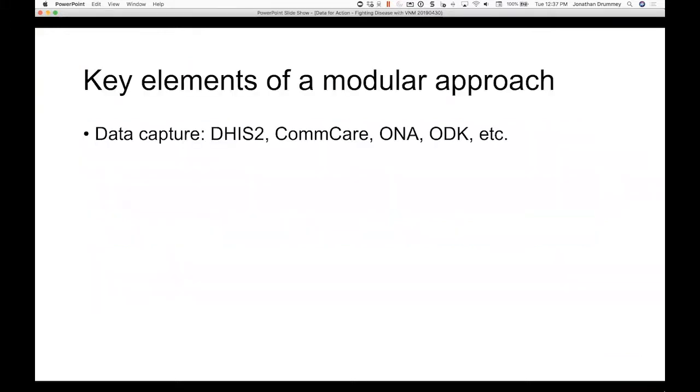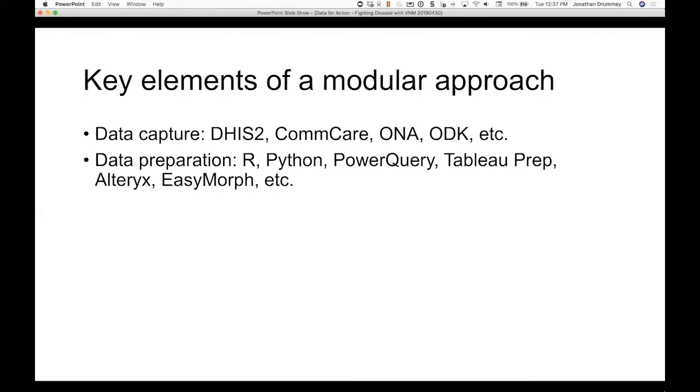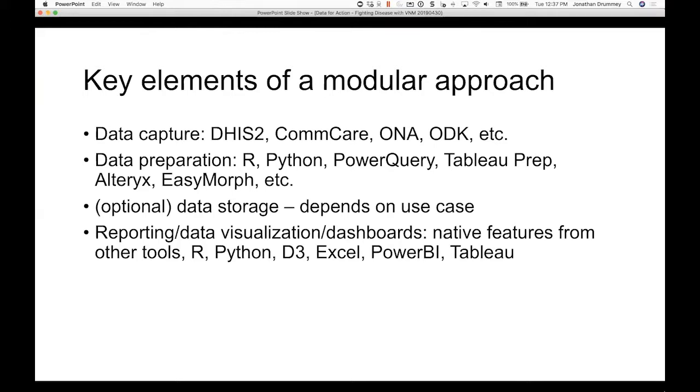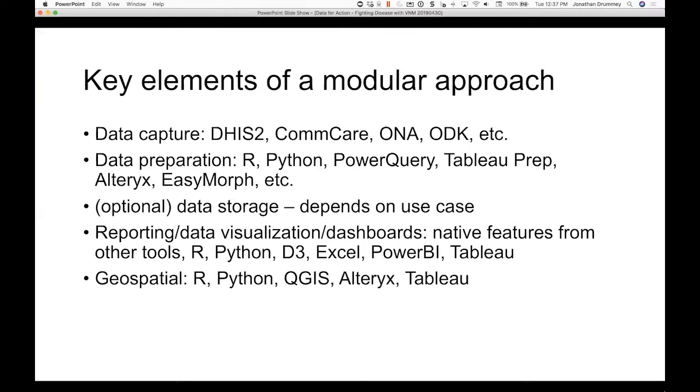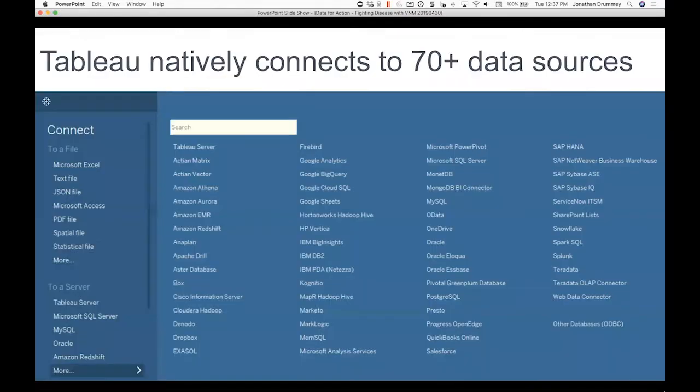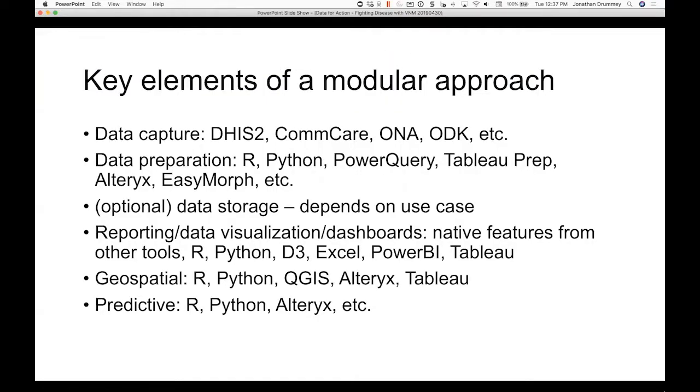So when we're thinking about a modular approach, we're being willing to say, okay, what's the best tool for different things that we're doing? So there's data capture, data preparation, maybe a separate data storage system, maybe not, depending on the use case. There's reporting, data visualization and dashboards, geospatial, predictive. So being open to integrating best tools for the job.